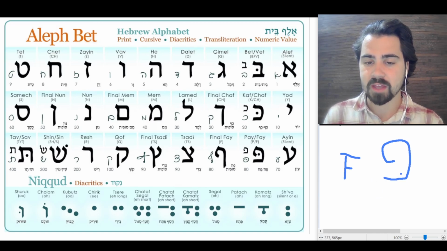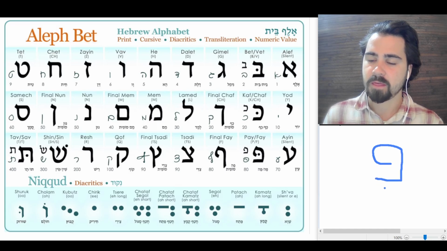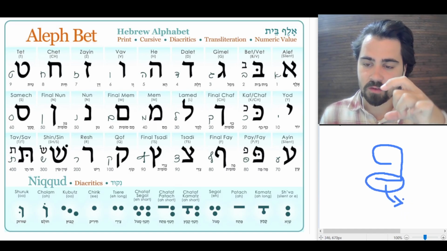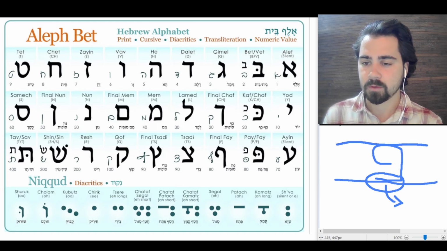So if you would not see this chart and I would tell you to guess based on what we've learned, I hope you already will know that the way to draw this final fe, we take this line, we twist it, and we make it continue to one straight line to go under the lines of the notebook, right?